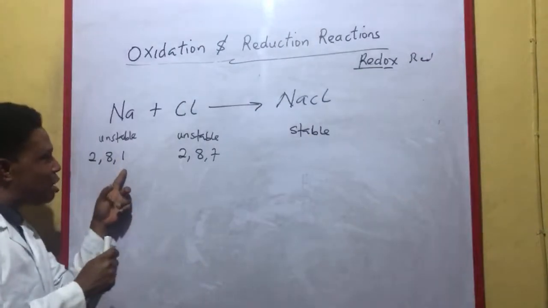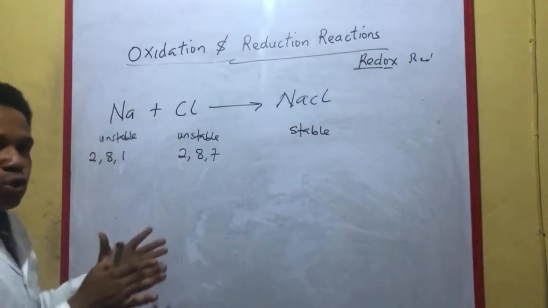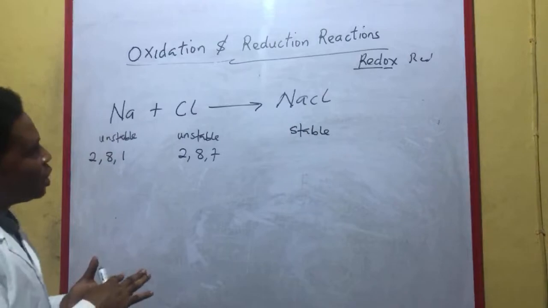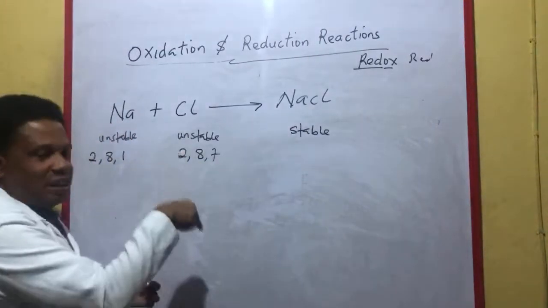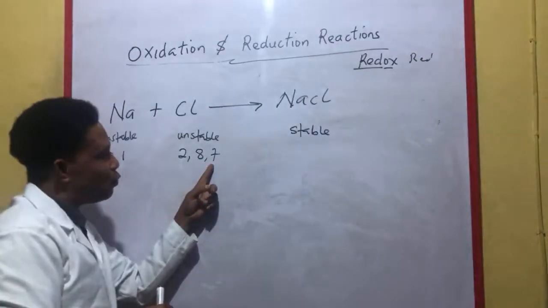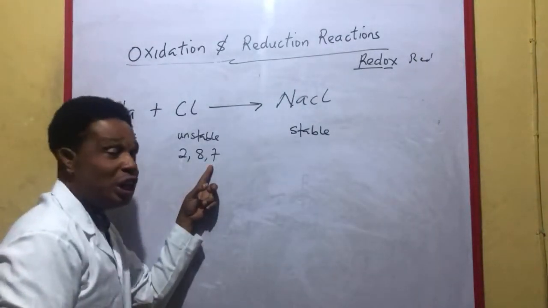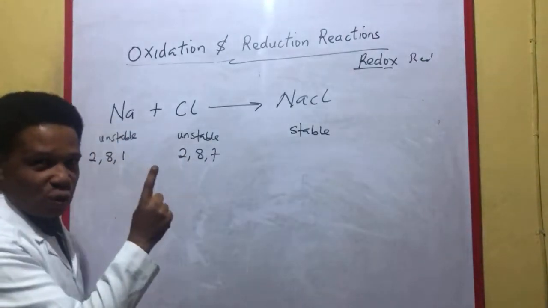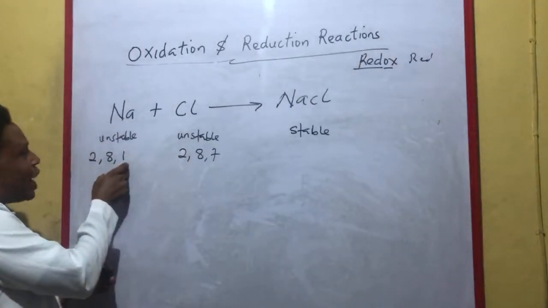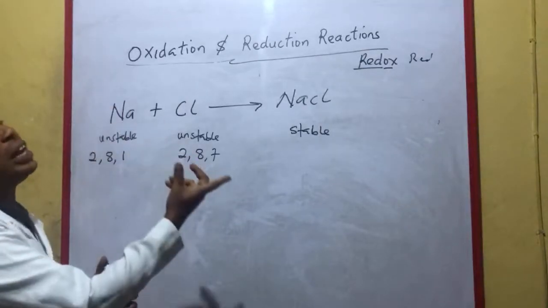This makes sodium not stable. So it's dangling. Chlorine has 7 instead of 8, so chlorine is not stable. It wants to attain stability by gaining 1 electron, while sodium wants to attain stability by losing 1 electron.